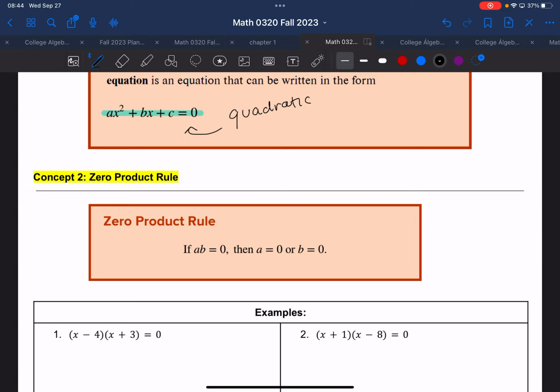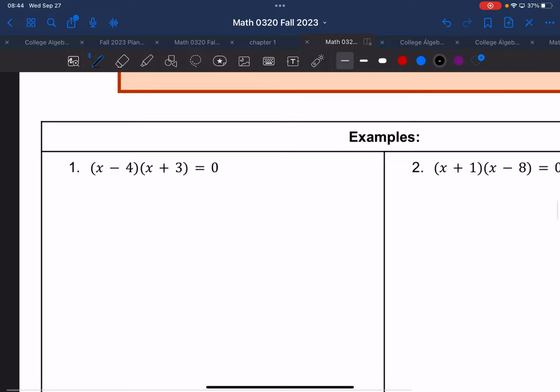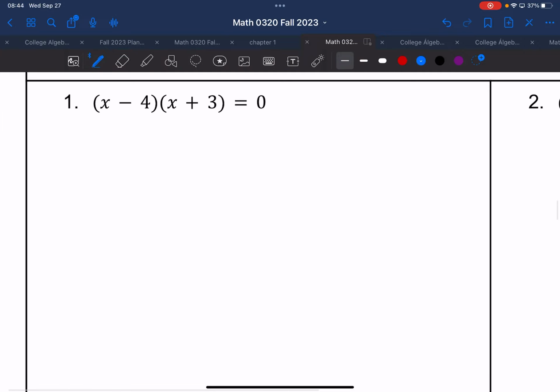So a will be the first parenthesis, b will be the second parenthesis. So this is looking at our concept of a times b equals 0, and we are labeling the first parenthesis as a and the second parenthesis as b.